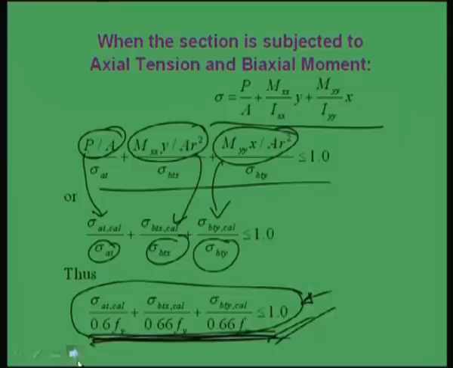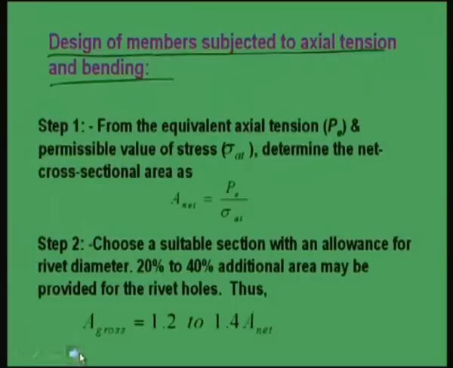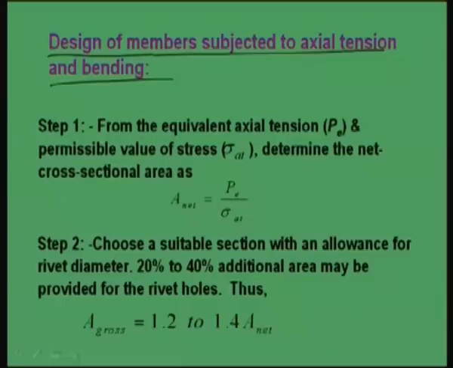Okay. Now how to start, it depends on the user, means the designer, how he will start. One way we can start is that first we can find out an equivalent axial tension PE, and from the permissible value of stress and the equivalent tension which has been found from the earlier equation, we can find out the net cross sectional area which is required.